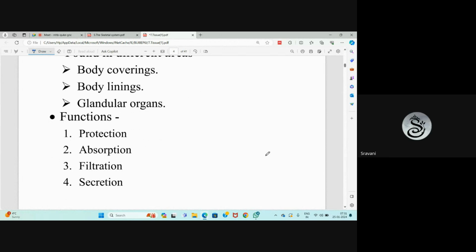Body linings, ma'am. Body linings means, like in the intestines.